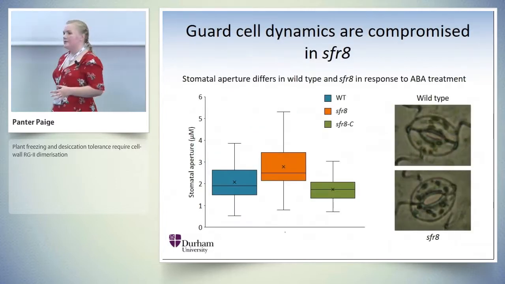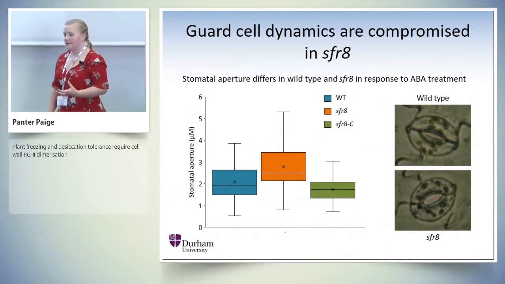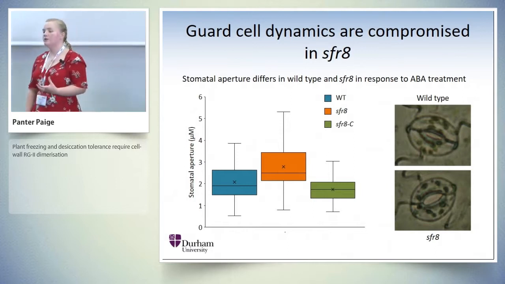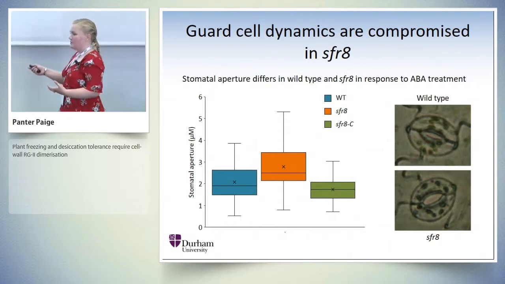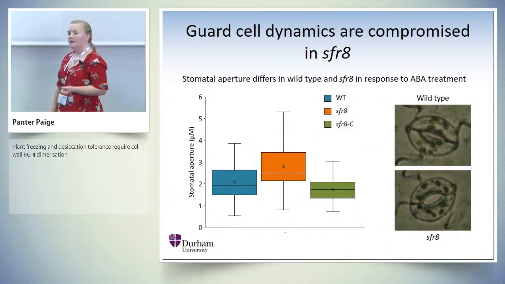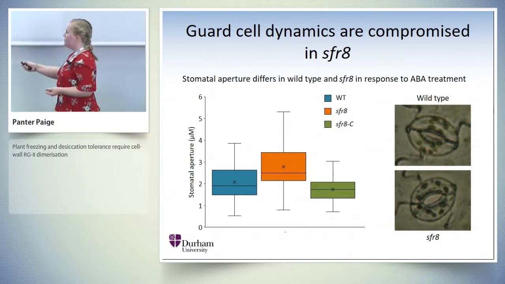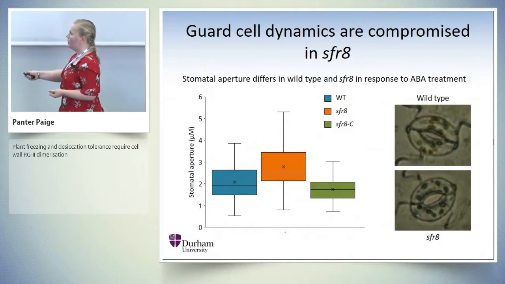So I measured this by looking at epidermal peels taken from mature plants, treating them with ABA, abscisic acid, which is a closure signal for stomata, and measuring their stomatal aperture. And what I found is that actually the SFR8 aperture is much larger than that of wild type with this treatment.